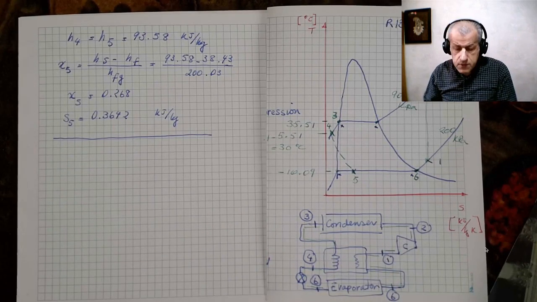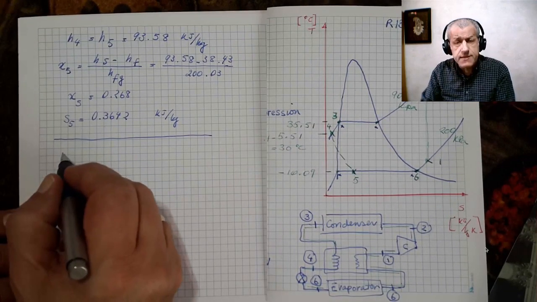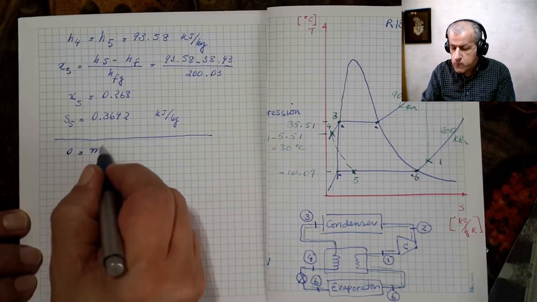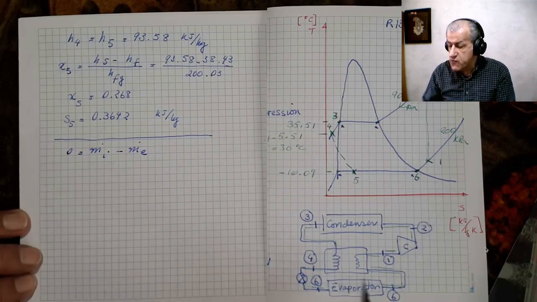And it's simple to just write down the equations, because since the cycle is steady state, you might write 0 equals m dot I minus m dot E, and this is valid for all components.